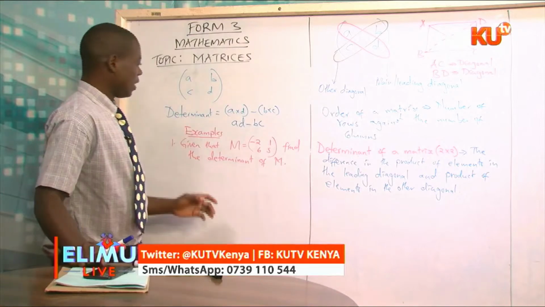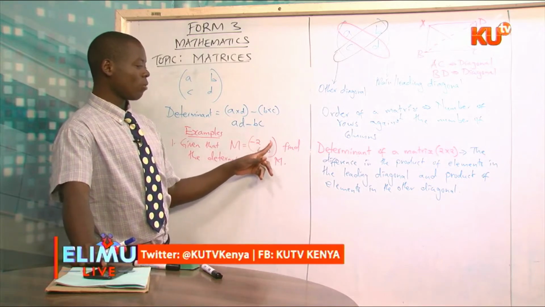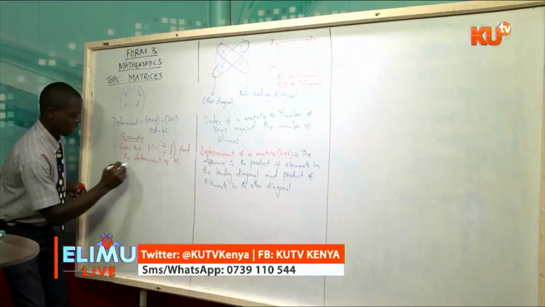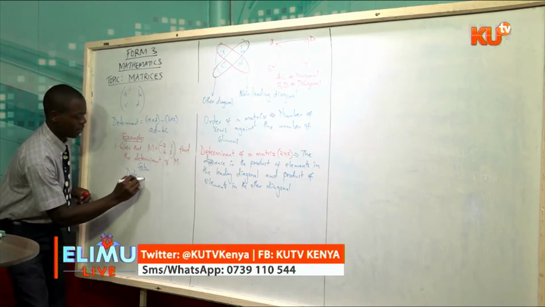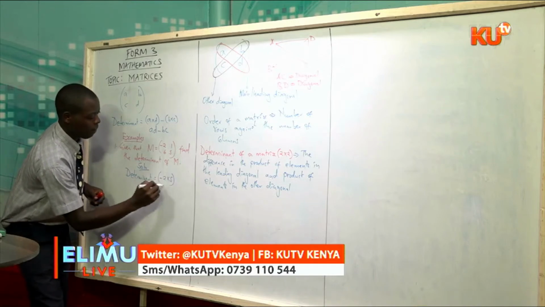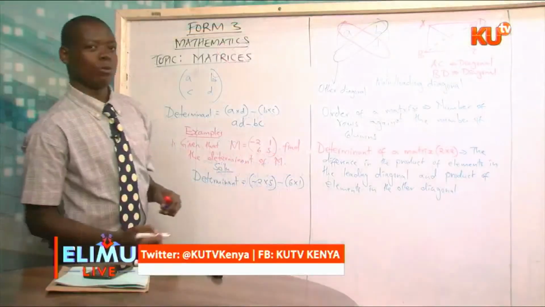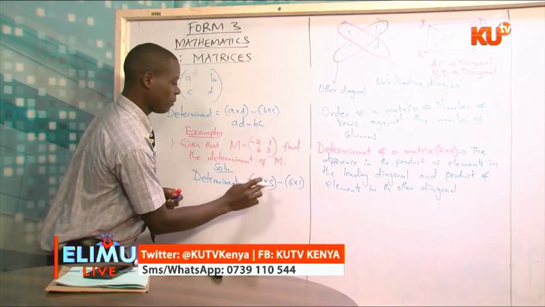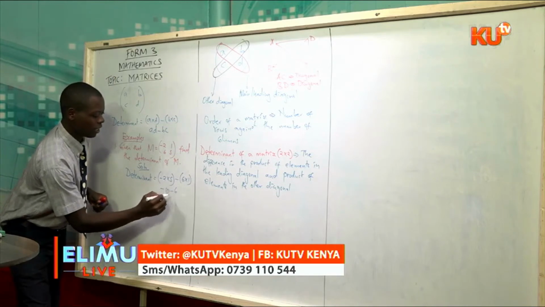The elements in the leading diagonal are -2 and 5. The other diagonal has 1 and 6. Therefore, our determinant will be -2 times 5 minus 6 times 1. -2 times 5 gives us -10, minus 6 times 1 gives us 6.